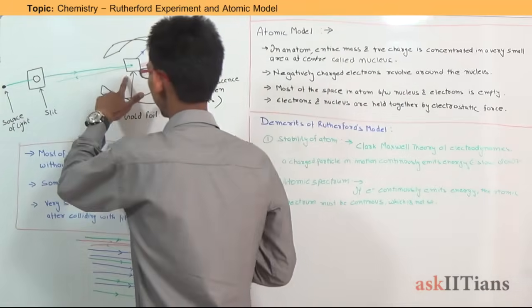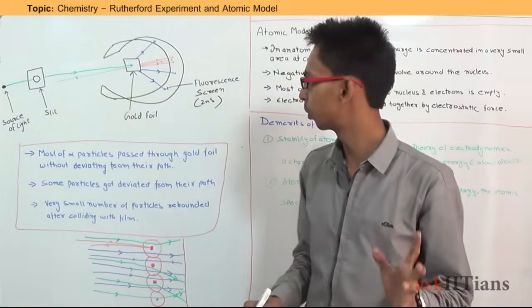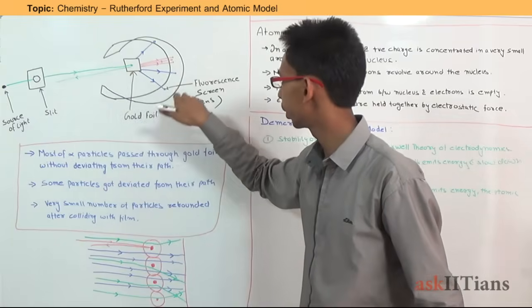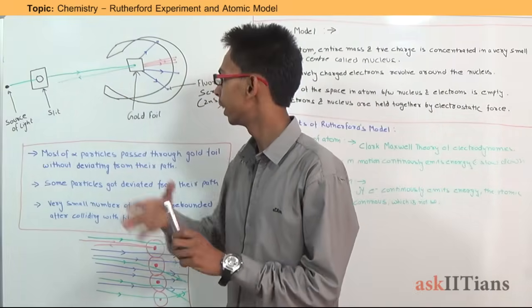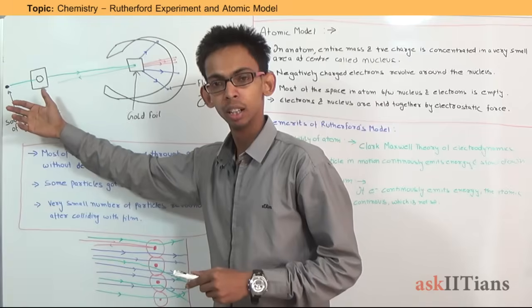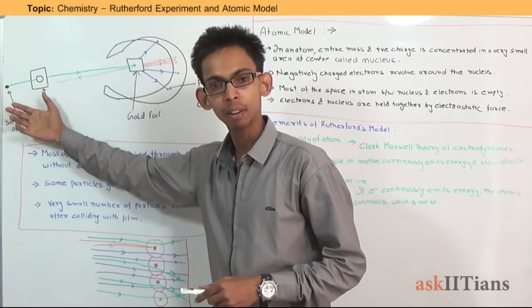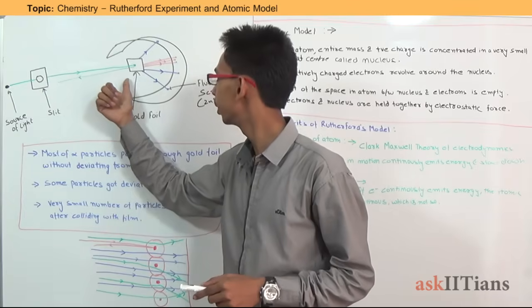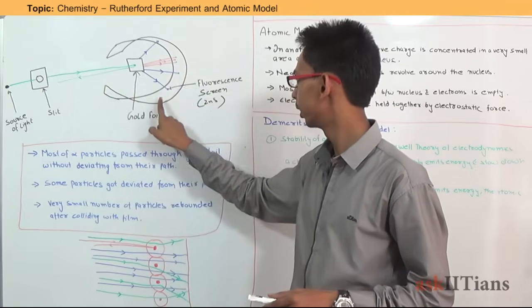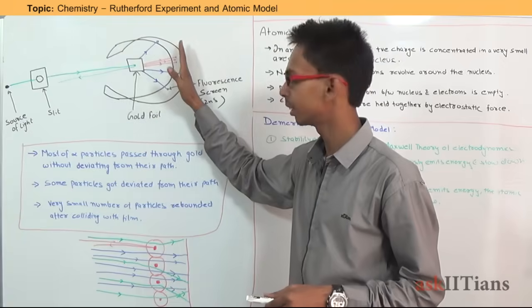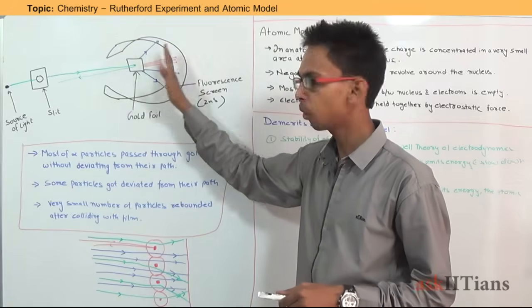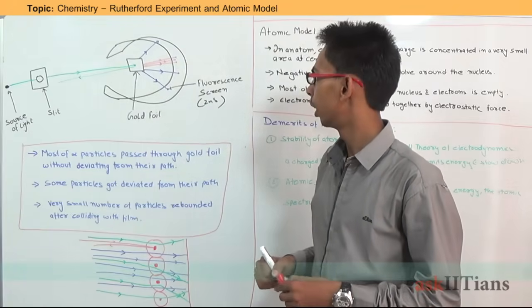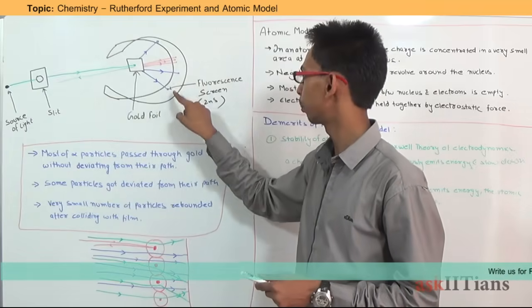He used a gold foil, a very thin foil of gold, and a fluorescent screen. What he did was bombard a beam of alpha particles on the gold foil and allow them to collide with the fluorescent screen present behind the foil. And he observed the point of collision.